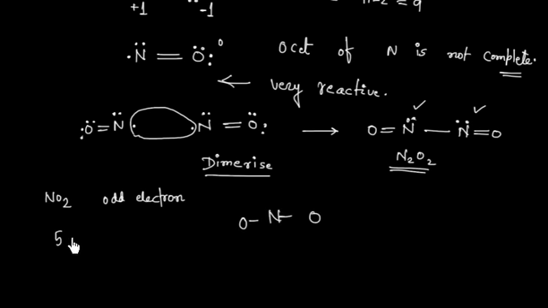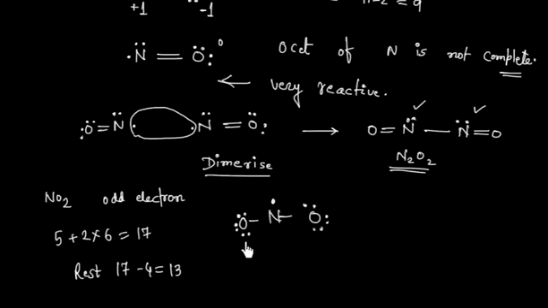What is the total number of electrons? 5 plus 2 into 6, that is 12, plus 5 is 17. We have used 4, so the rest we have 13 electrons. We have to place 13, so the octet of oxygen is complete, 6 here and 6 here. Now we have only one electron, so we can place one electron here.